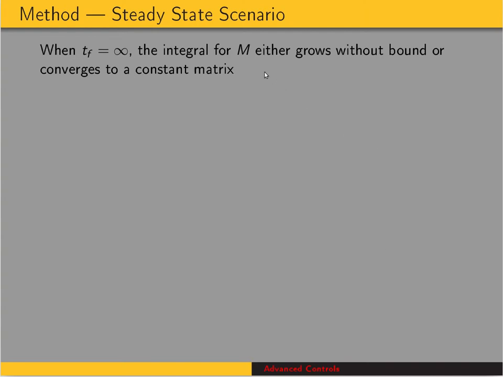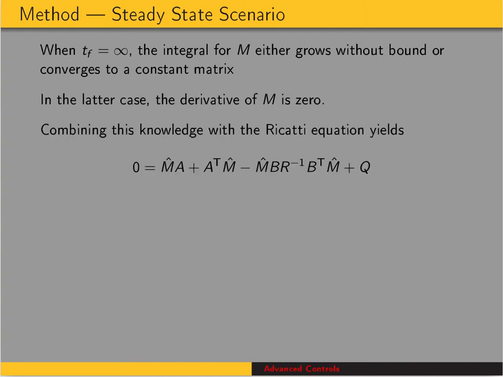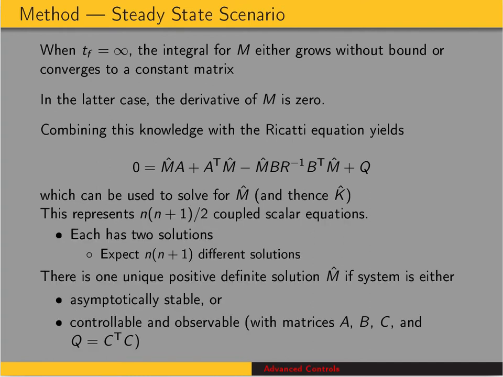In that case, the integral for M either grows without bound or it converges to a constant matrix. In the latter case, the derivative of M is 0. So we can use that knowledge in the Riccati equation, and we end up with this expression for M hat. And this is what we use to solve for the optimal gain matrix K from the equation we saw previously relating K hat to M hat.